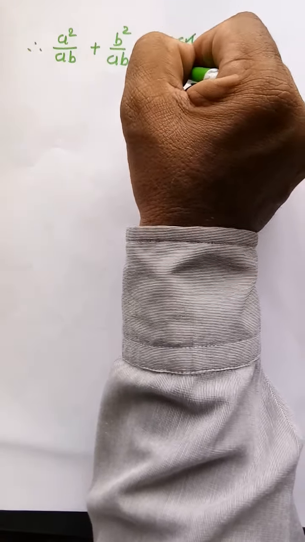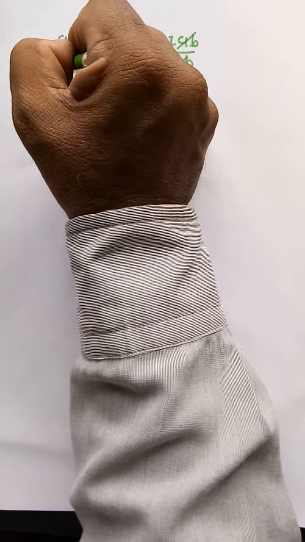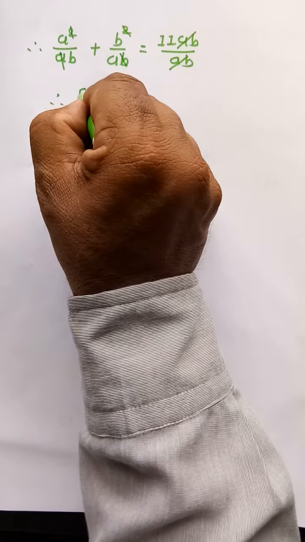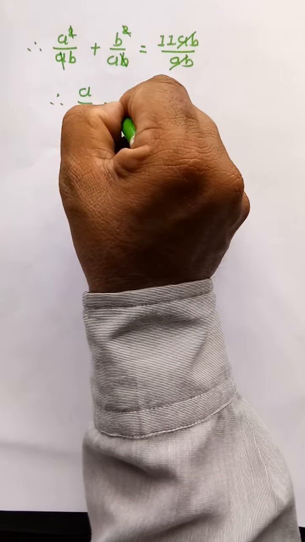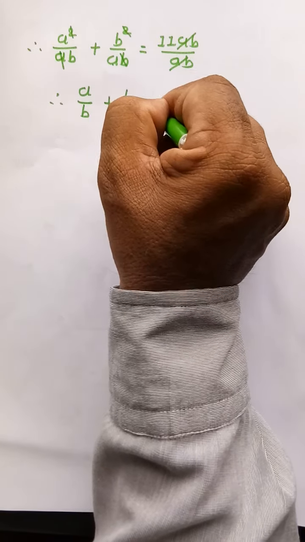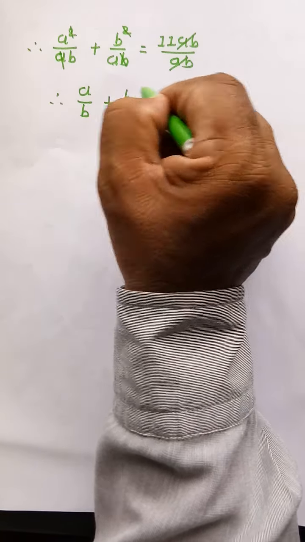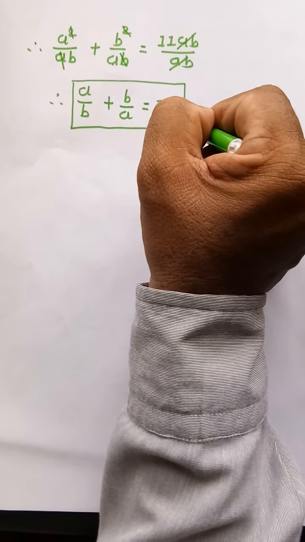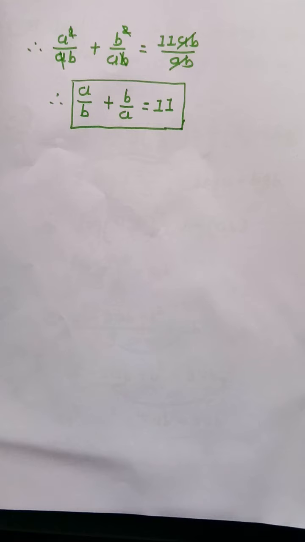Now here ab is cancelled, one a is cancelled and one b is cancelled. So here a by b plus b by a is equal to 11. Now prove the second result. a by b plus b by a is equal to 11.